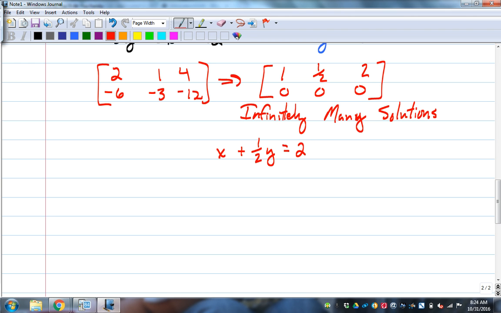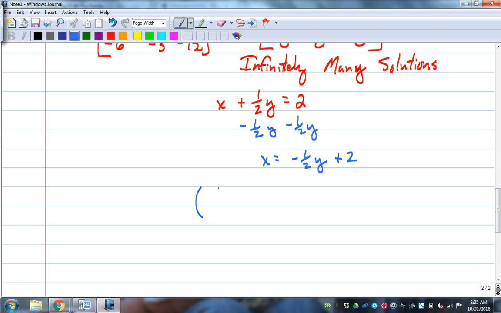Okay. So what we can do is write that answer as a set of values, basically. So if we solved this problem for x, we would subtract 1/2 y, right? x equals -1/2 y plus 2.